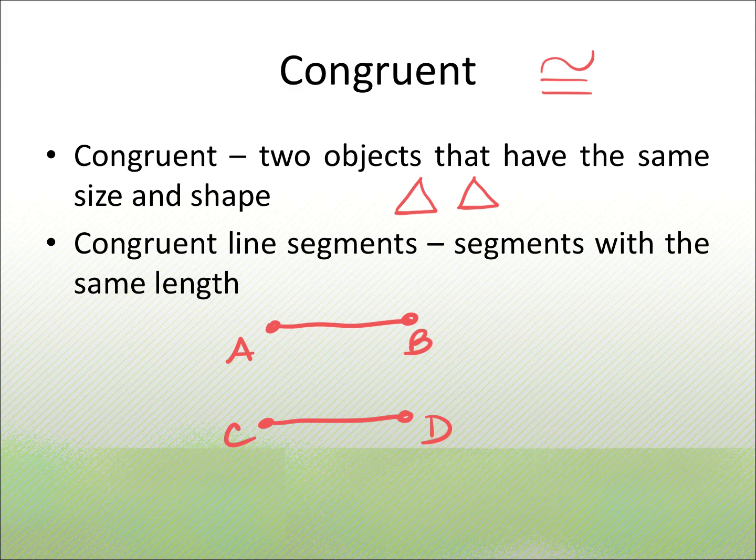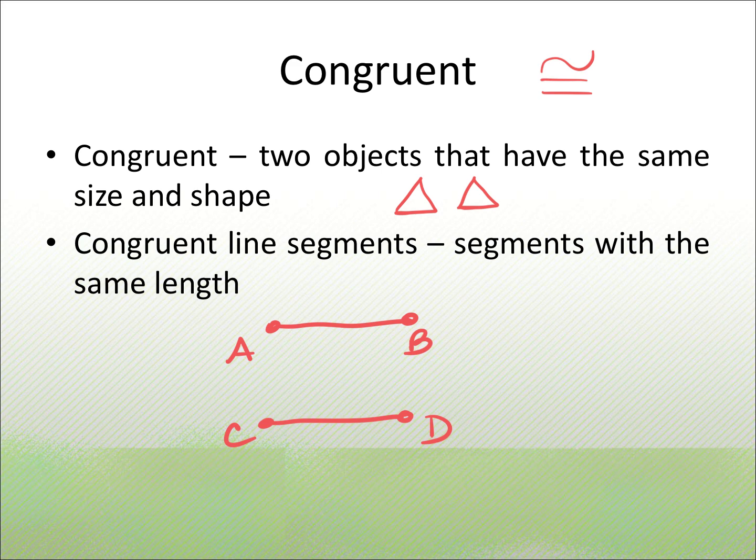So if I were to draw these two segments on my paper, just like this, with no other information, and you didn't have a ruler to measure them, and if I asked you, is AB congruent to CD? You would not be able to answer that question. You would say, not enough information.